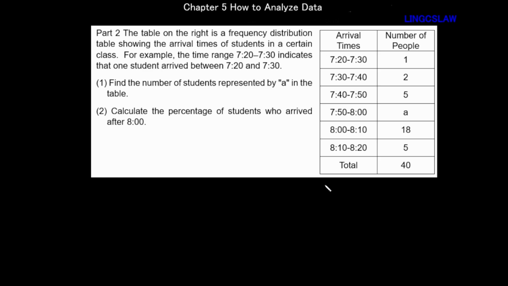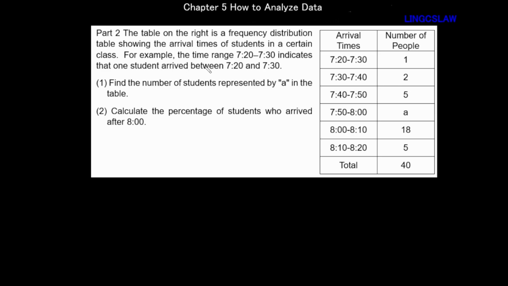Frequency distribution table is something like this. Times and number of people, showing the arrival time of students in a certain class.